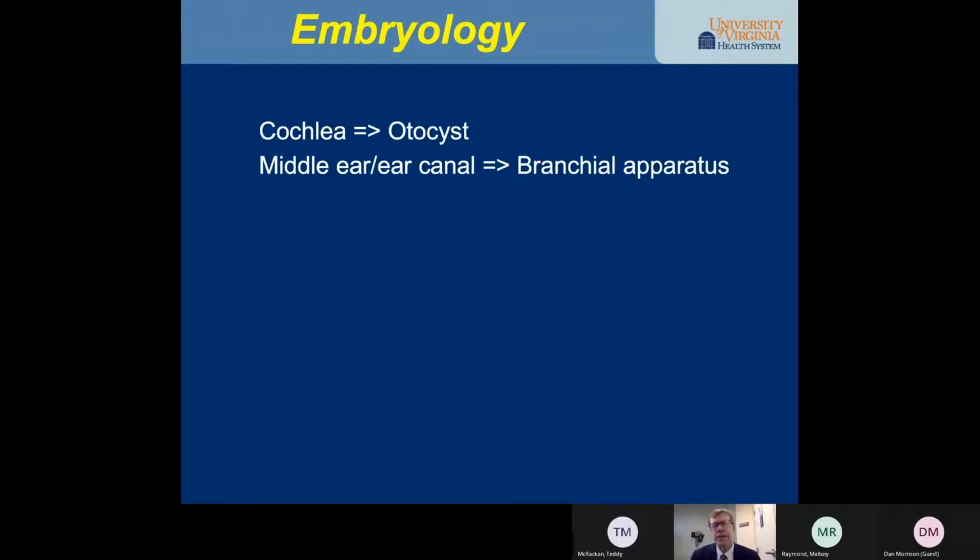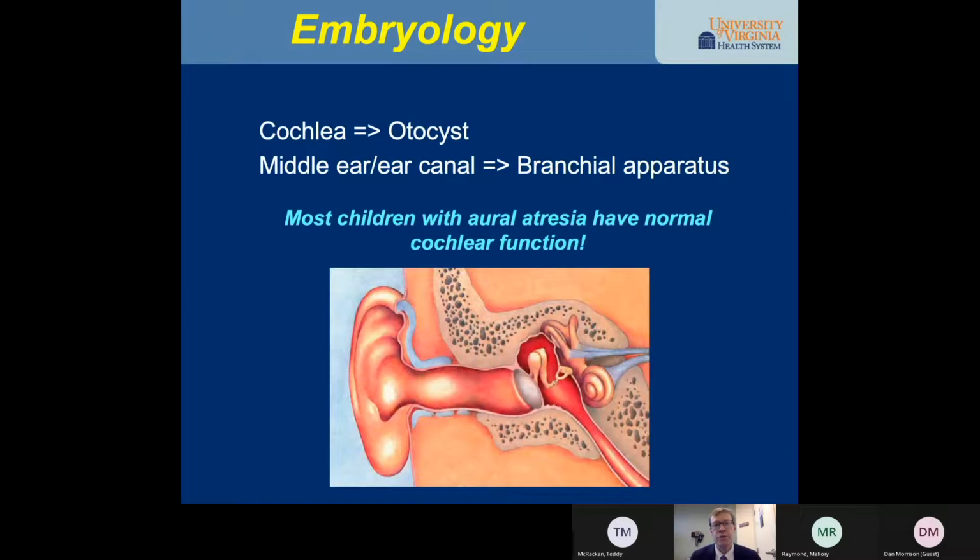As far as the hearing goes, an understanding of the embryology is important. And embryologically, as we all know, the cochlea develops from the otocyst, from the neuroepithelium, whereas the middle ear and the ear canal develop from the branchial apparatus or the branchial system. And so the implications of this duality of embryologic development of the ear is that most children with aural atresia have normal cochlear function.